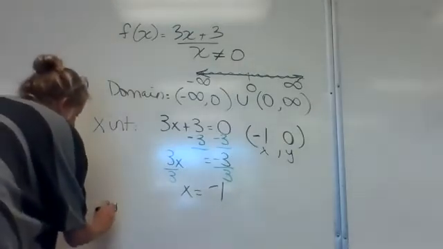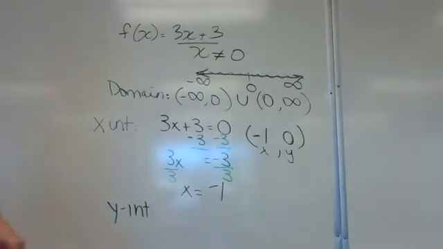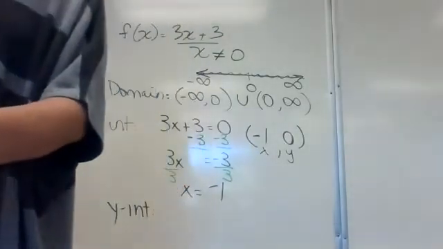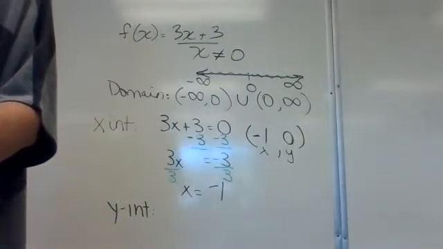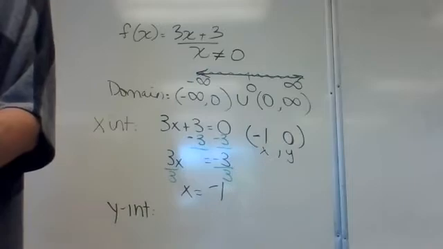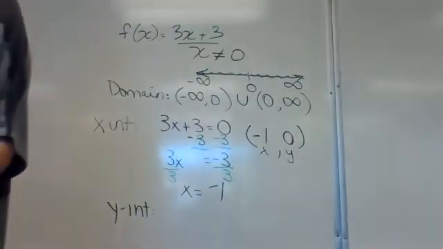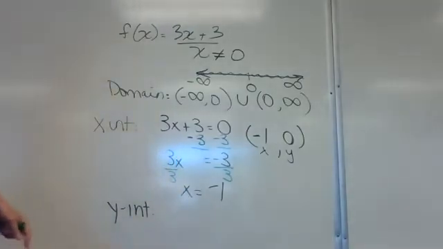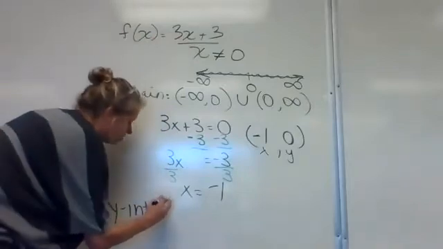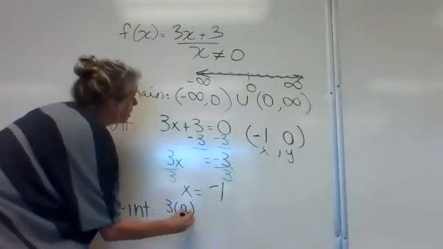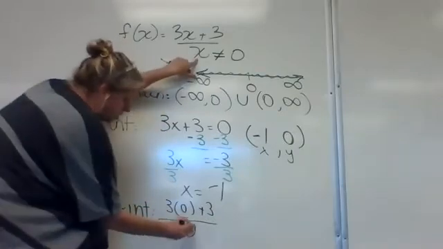Now your y-intercept, I'm going to have you add a little phrase to this too. Because on here, the y-intercept says the graph is going to cross the y-axis at the number that is left after you replace all the x's in the function with 0. Okay, now if I replace all the x's in this function with 0, what do I have? 3 times 0 plus 3 over 0.